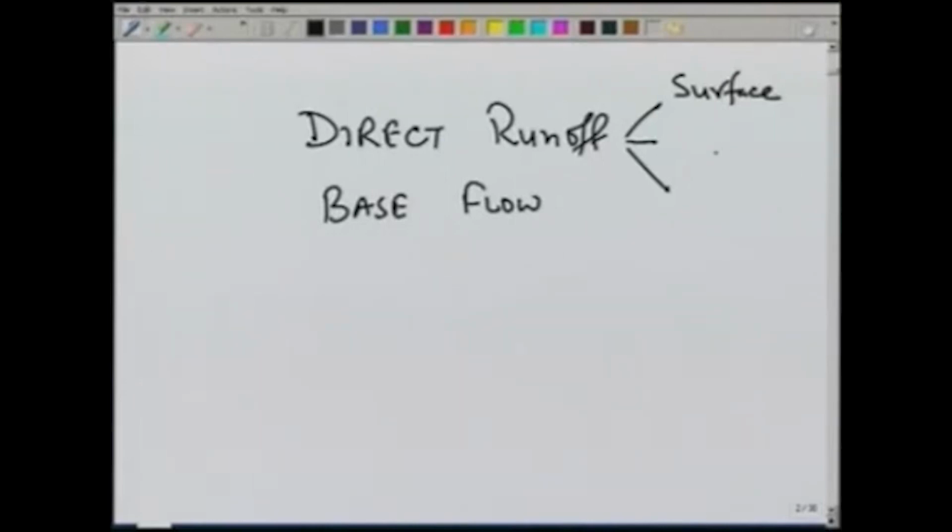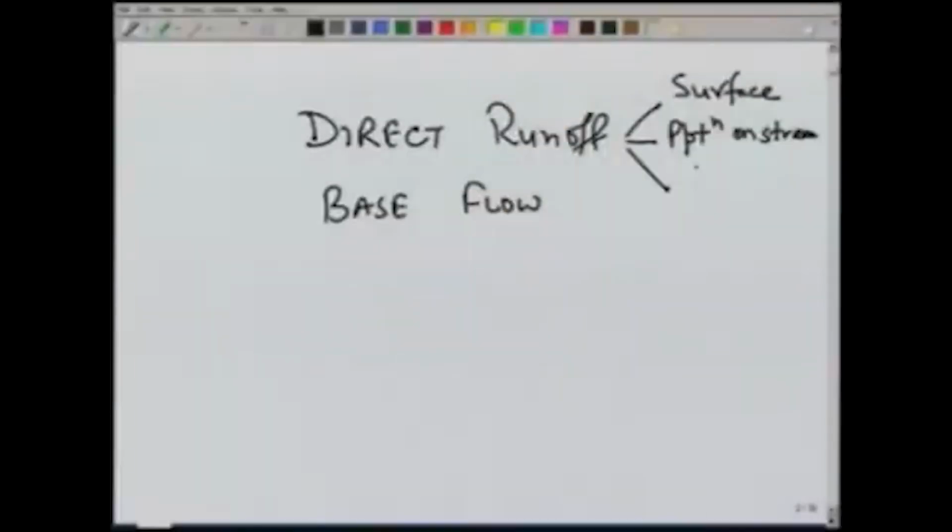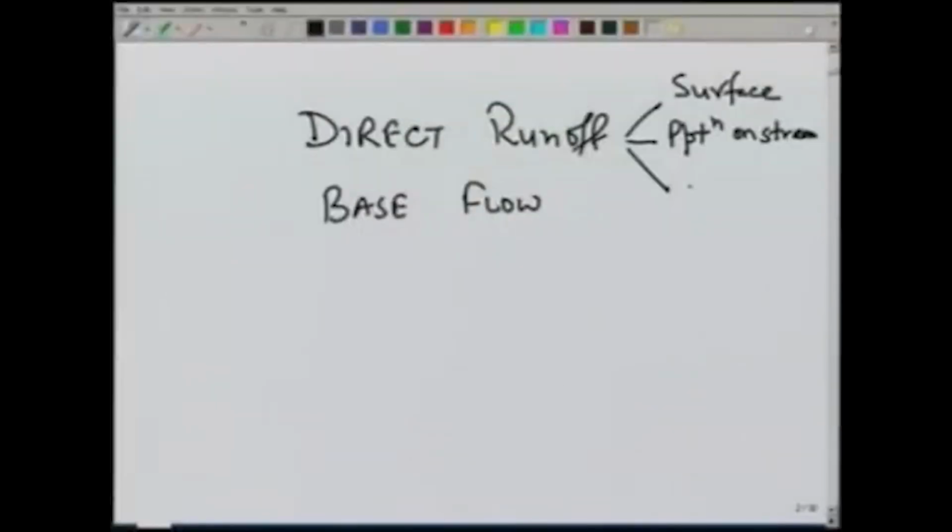There is some rainfall which occurs directly on the stream surface. So, precipitation on stream, and there is some part of interflow which comes very fast back to the stream, and we can call this prompt interflow or rapid interflow.